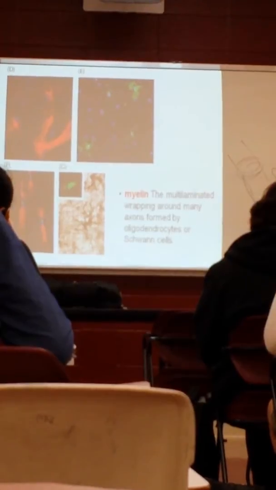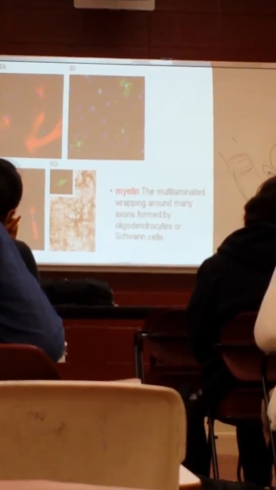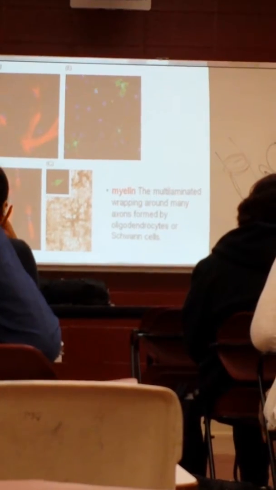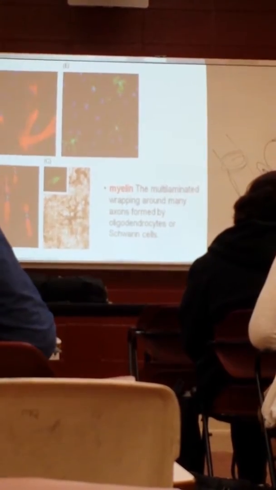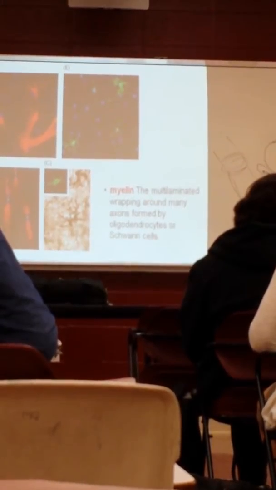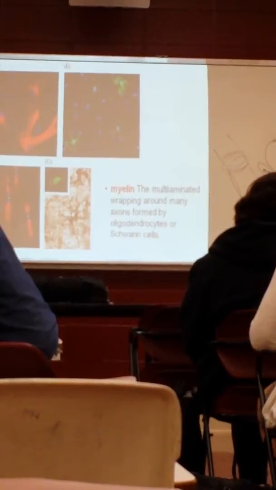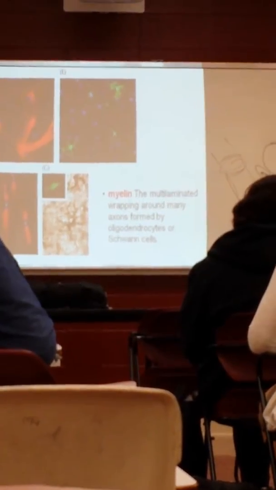So each one of these feet goes and wraps a different cell. Okay? And the main function is to act as insulators, electrical insulators, as we will talk about in a little bit. Okay. That's all I want to say about glial cells.